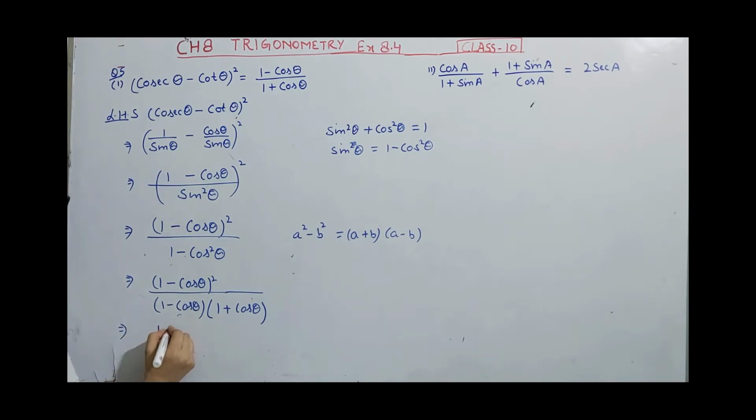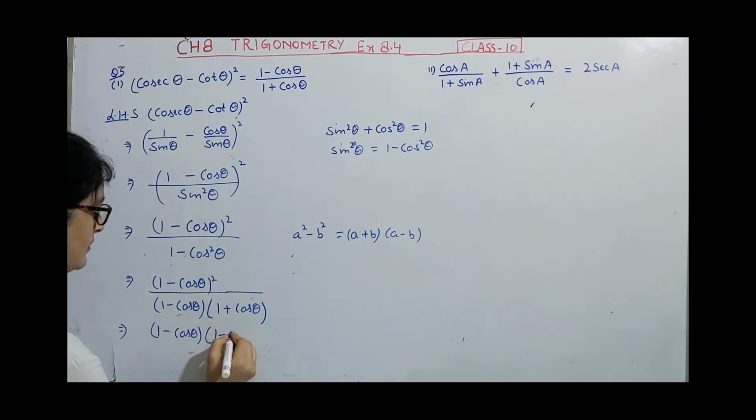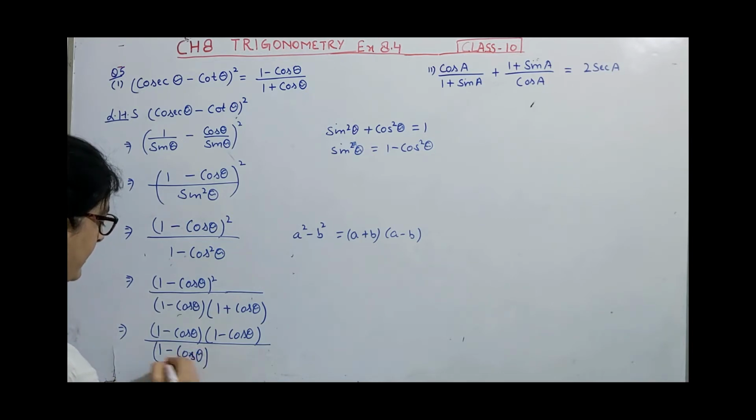Next, 1 minus cos theta, here it is in square. We can write it like this, divided by (1 minus cos theta) and (1 plus cos theta).